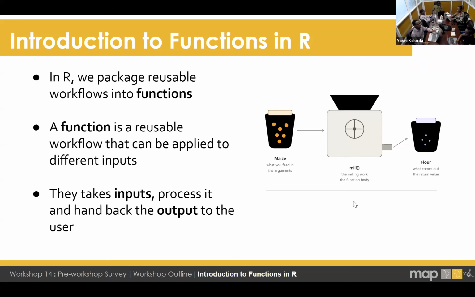There are many analogies. It's simply what is taken in, processing, and getting the output. And the purpose of writing a function is also to encapsulate or hide the complexity of the code which is happening in the function when you are performing the task.